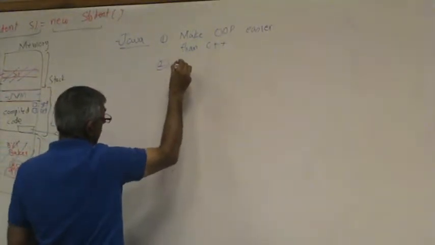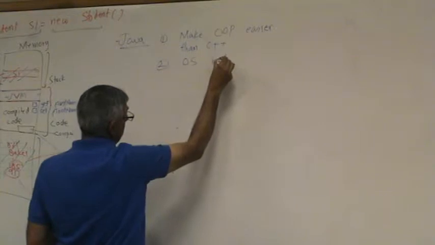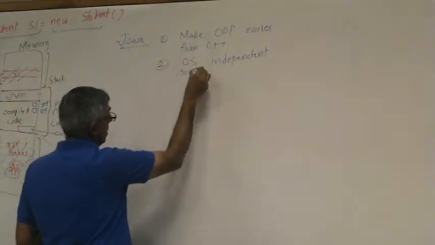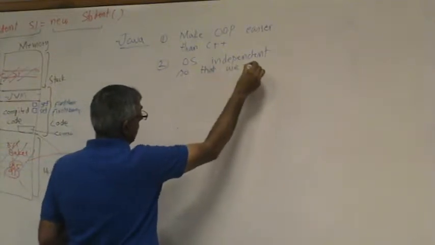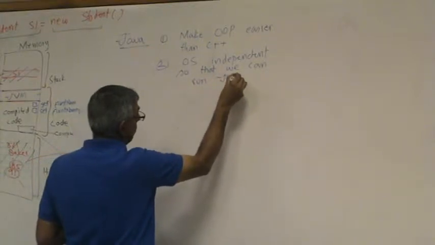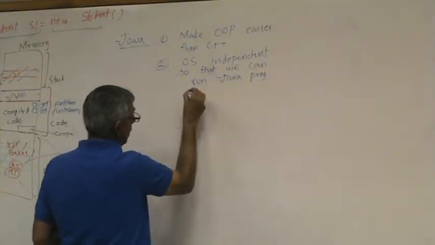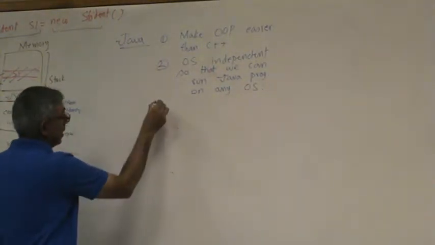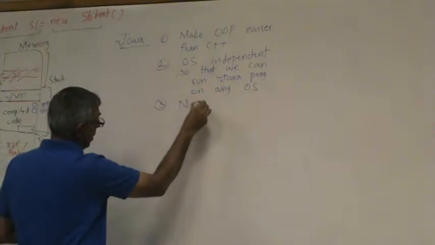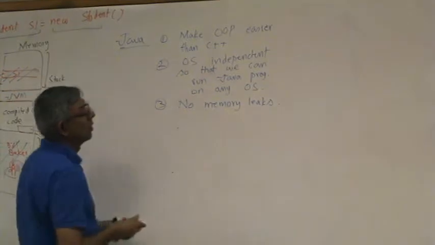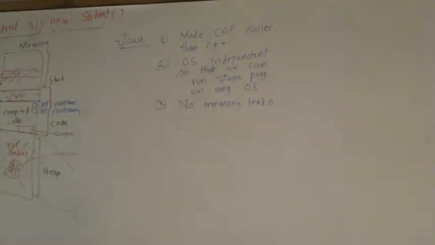Number 2, make it operating system independent so that we can run a Java program on any operating system. And number 3, no memory leaks, so that the programmer does not have to worry about releasing memory from the heap area. So those were the goals of Java, okay?